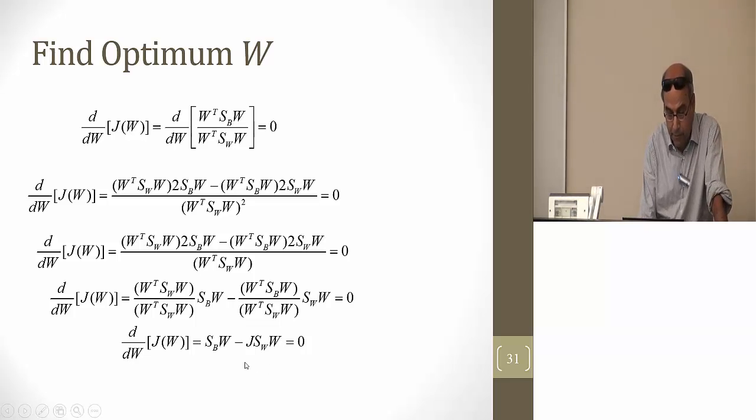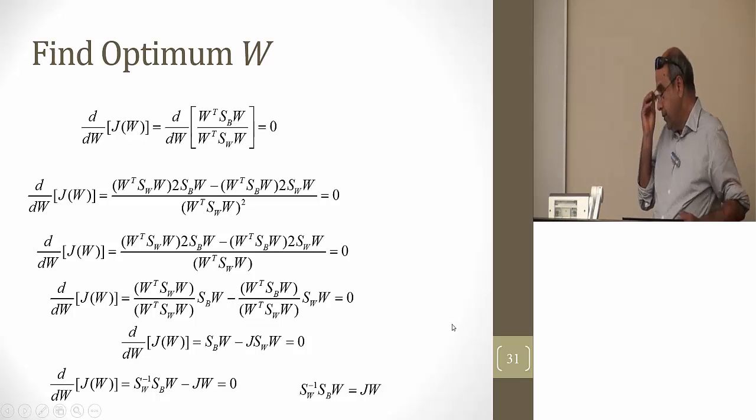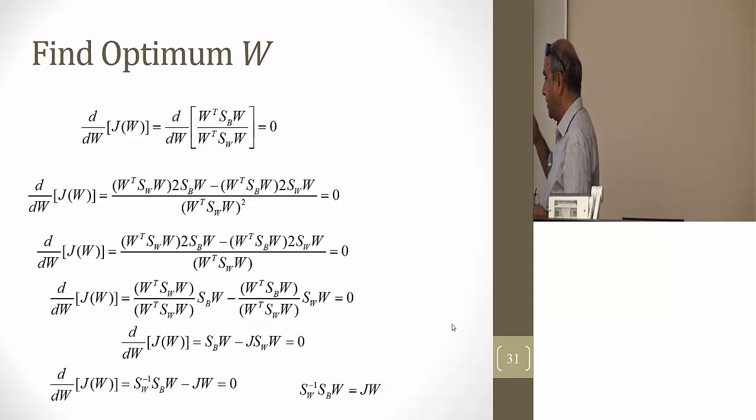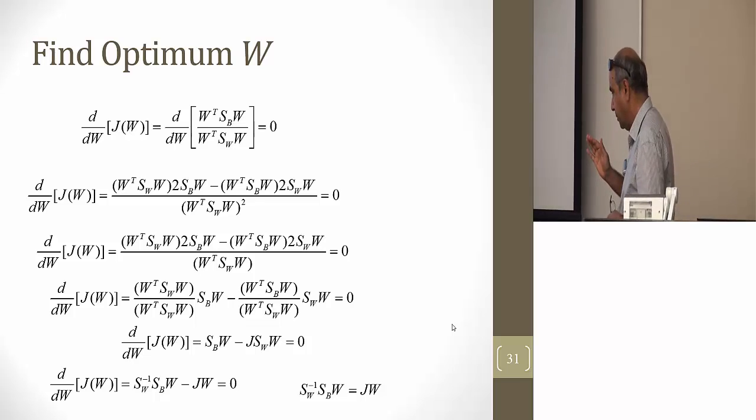We want to find W from this. What we are going to do is take SW to the other side. So SW inverse SB W minus J W, and we can write it like this, J W on the other side. So what is this? SW inverse is a matrix. SB is a matrix.